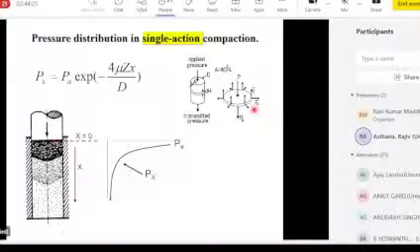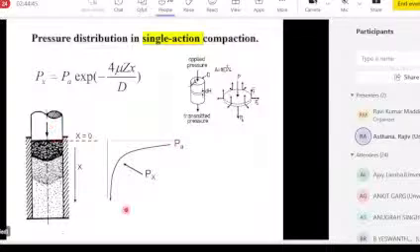P_A is the punch pressure, the applied pressure. P = P_A e to the power negative 4 mu Z x over D. Mu is the static friction coefficient, Z is a constant parameter, D is the diameter of the die, and x is the distance. So if you plot the graph of pressure as a function of distance inside the powder, this is what you see, an exponential decay.